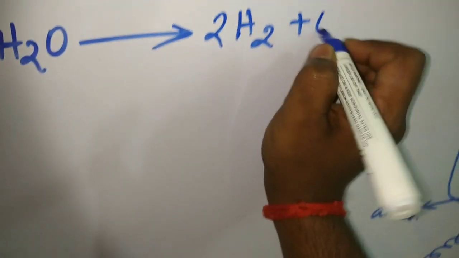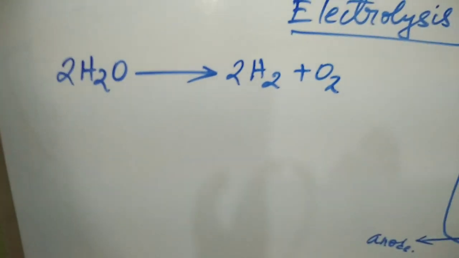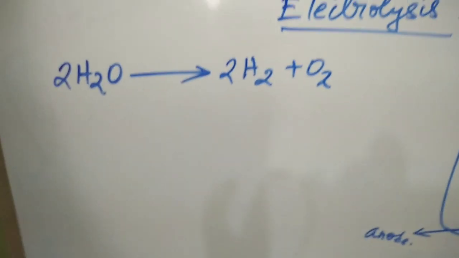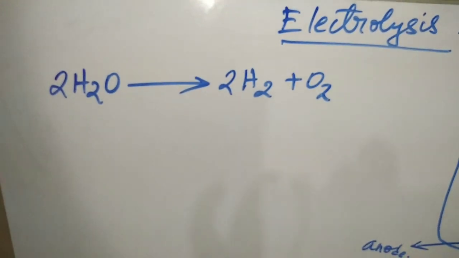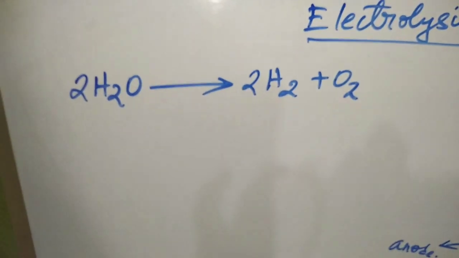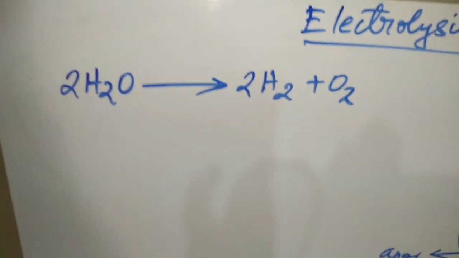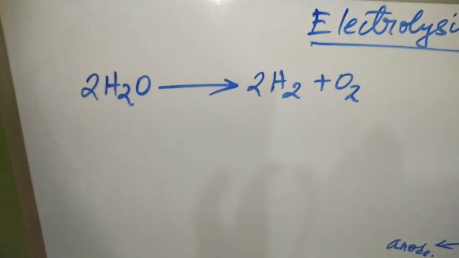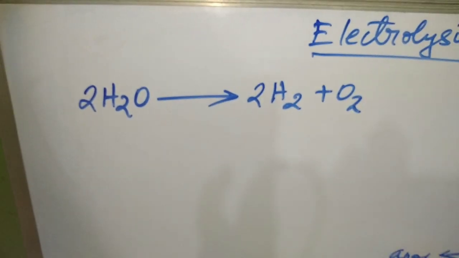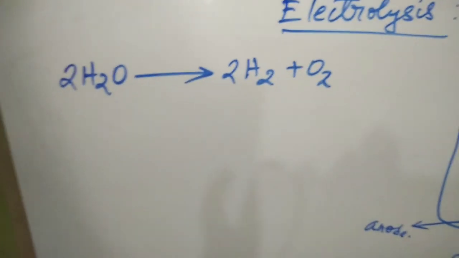See students, water is a poor conductor of electricity. So to carry out the process, we need a good conductor, which means current should pass through it.